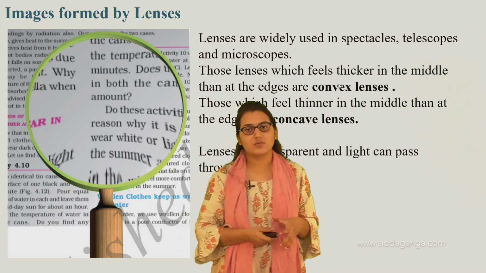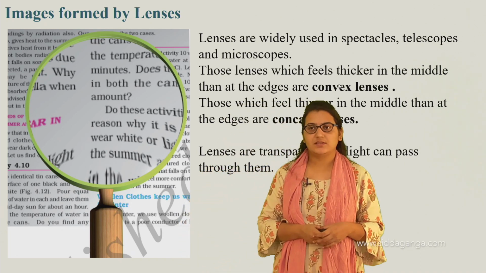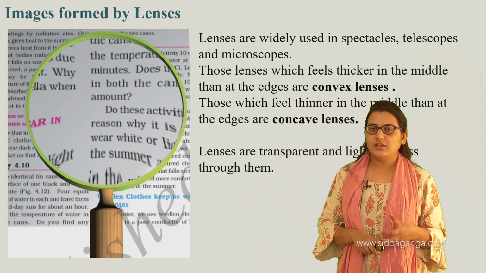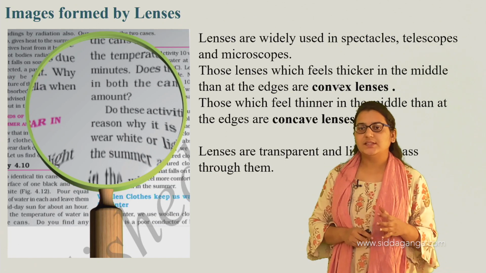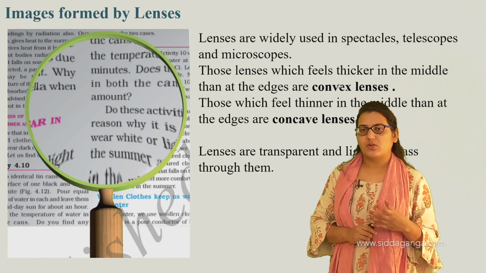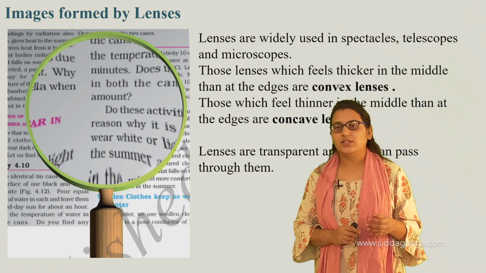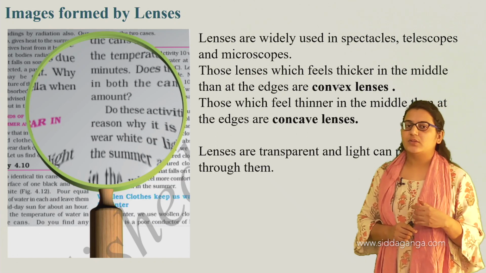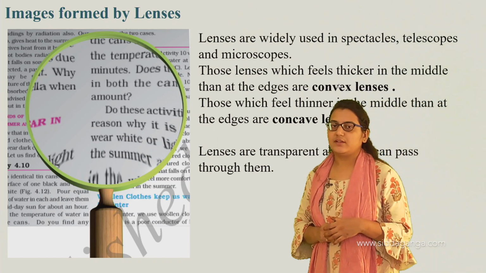Those lenses which are thicker in the middle than at the edges are called convex lenses, and vice versa, those which are thinner in the middle than at the edges are called concave lenses.